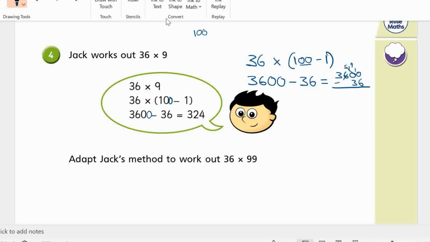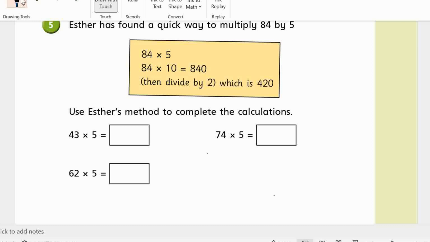Sorry for the mess. 10 take away 6 is 4. 9 take away 3 is 6. And we have the 5 and the 3. This is our answer. Does that make sense? All that I've had to change is add another 0, because instead of 99, I was using 100. Take 1. It's the same thing, really, isn't it?